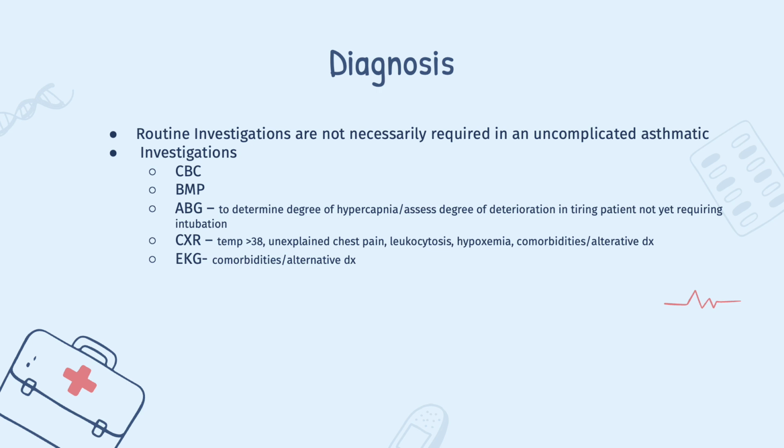Chest x-ray. So why would I do a chest x-ray in an asthmatic? If I'm thinking about potentially pneumonia, or ruling out any other comorbidities, or looking for an alternative diagnosis. EKG, again, I'm looking for any comorbidities or an alternative diagnosis here.